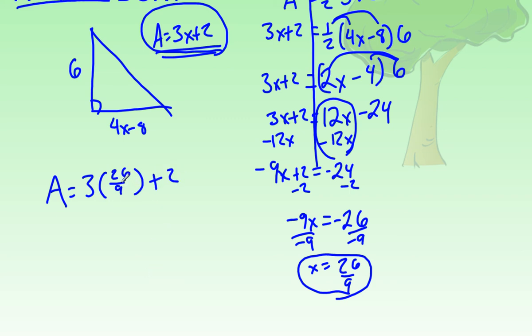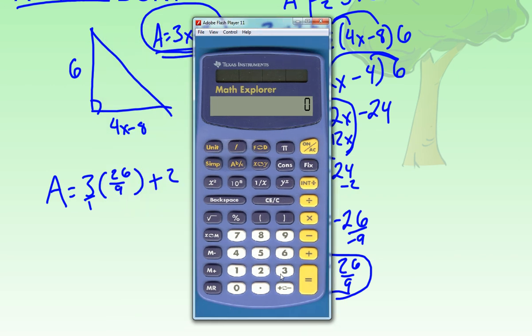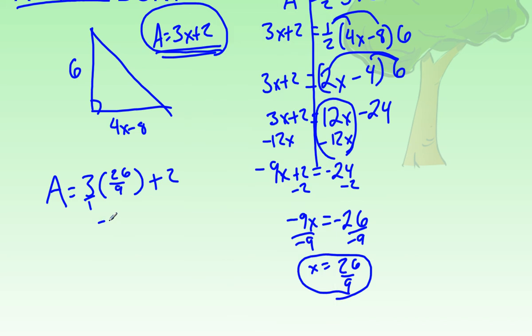I'll leave it like that for now. I need to multiply this. So 3 times 26 over 9, 3 over 1 times 26 over 9. That gives me 3 times 26 is 78 over 9 plus 2.